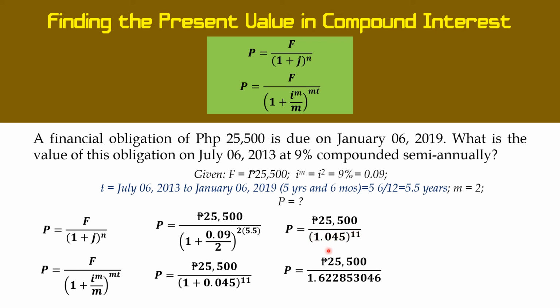Ito munang uunahin natin. That is equal to 1.622853046. Then by division, 25,500 divided by 1.622853046. The principal or the present value is equal to 15,713 pesos and 7 centavos. So this is now the answer to this problem.